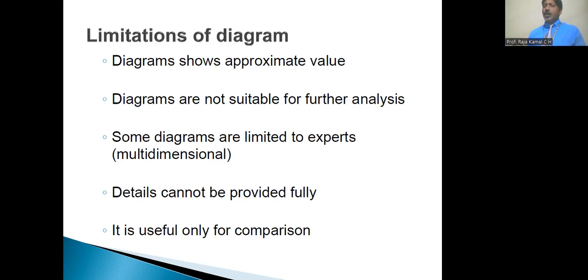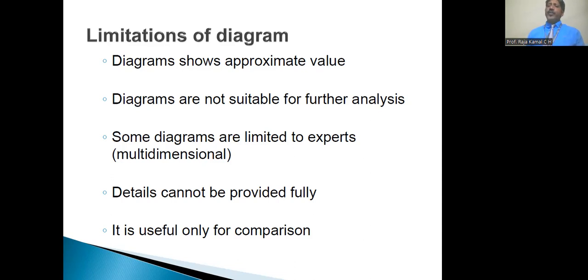So a diagram shows approximate values, and diagrams are not useful for further analysis. Suppose, by seeing the diagram, I come to know that my cost of production increased in March 2022. Now I want to find out why it increased. By taking the diagram in hand, I cannot find out why it increased.